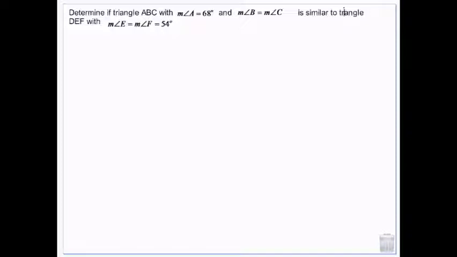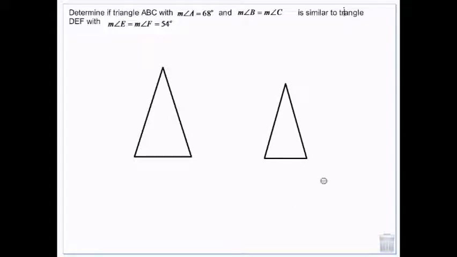So I'm going to draw two triangles. I'm going to label them ABC, DEF. Now you always want to start in the same position and go in the same order as the letters have been written.